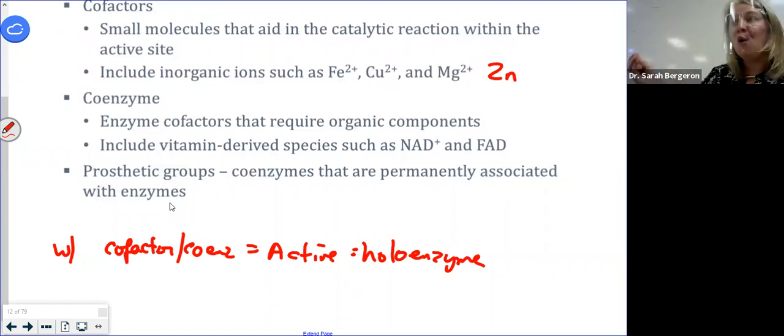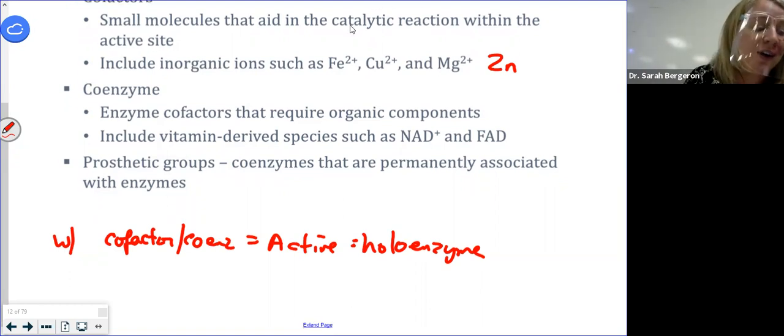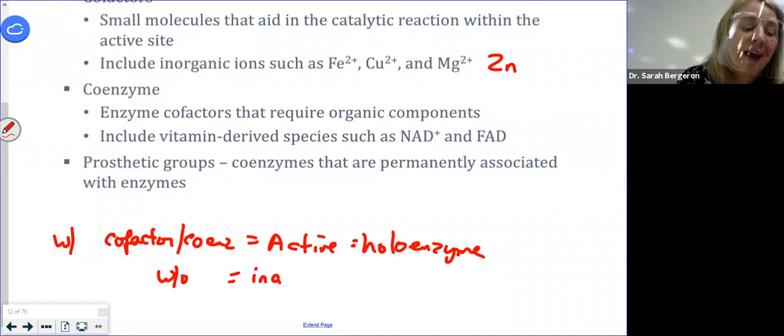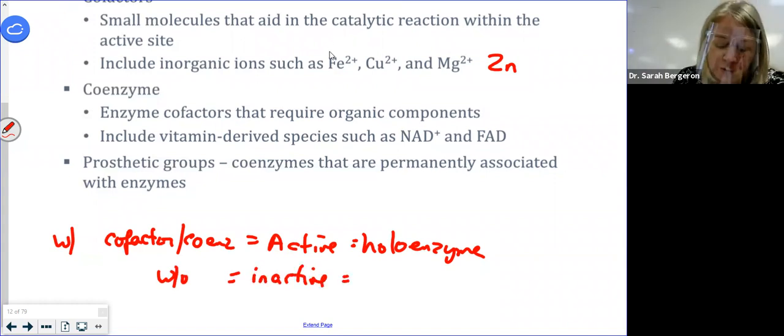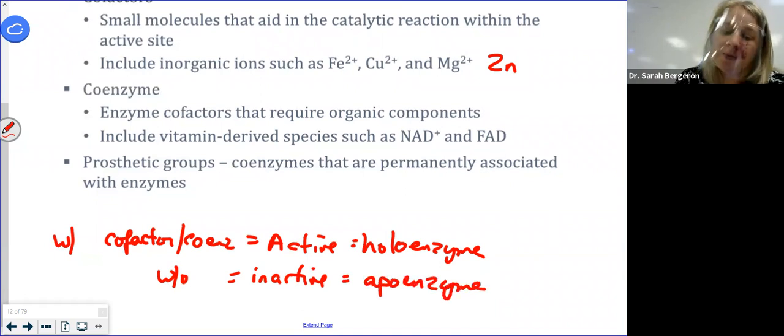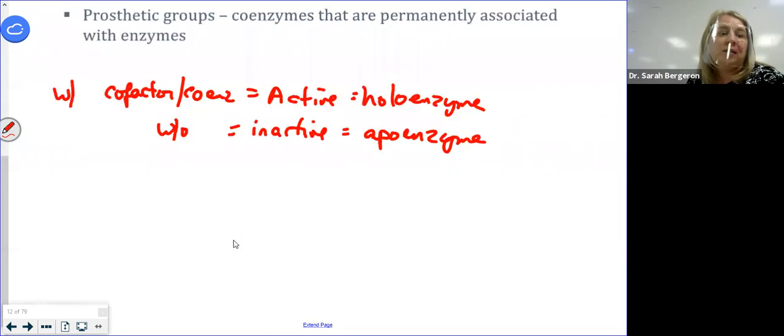It has to be whole. So it's the holoenzyme. If it's without whatever it needs, therefore it is inactive, we call that the apoenzyme. So holoenzyme and apoenzyme are the two.